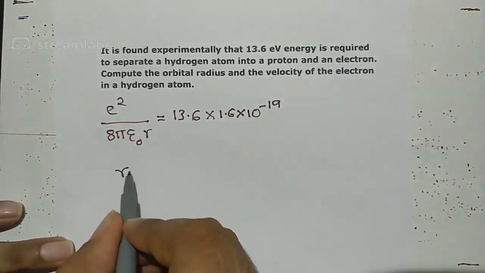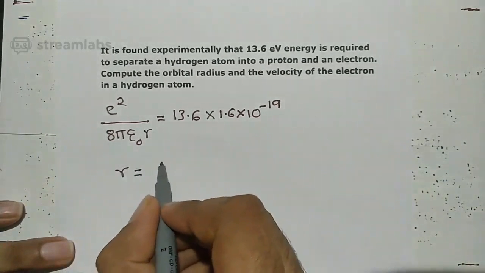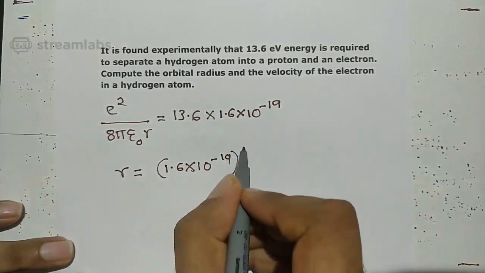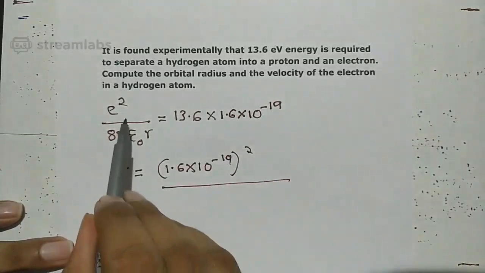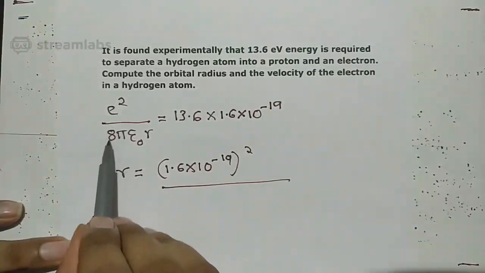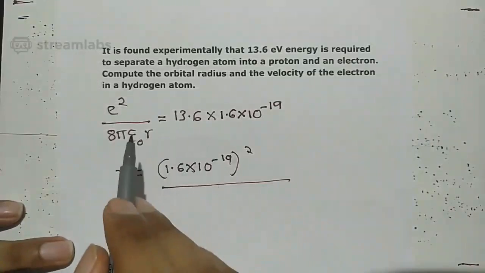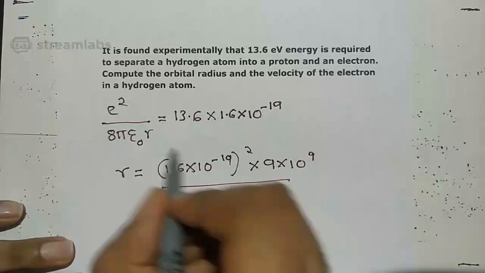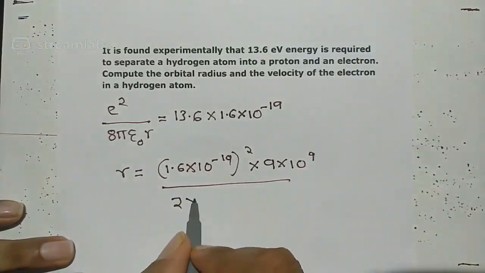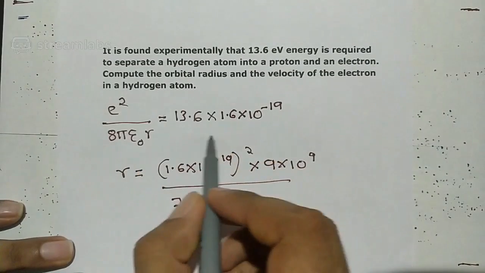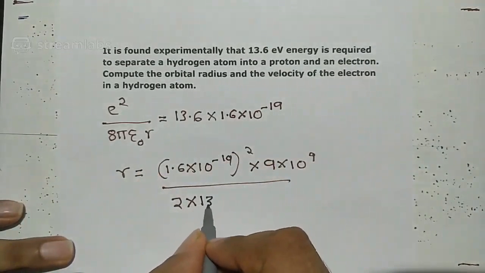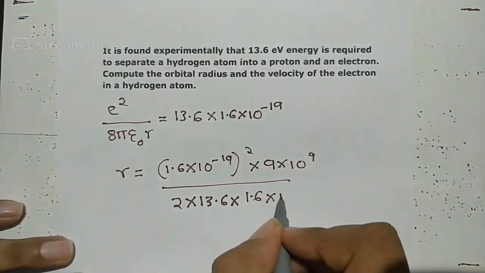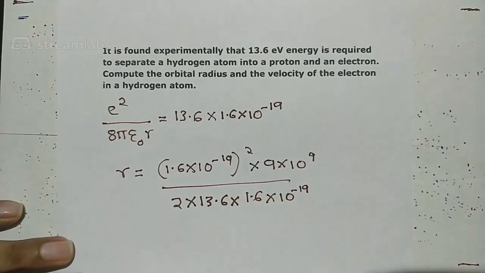Now if you want R, R is equal to E square, that is 1.6 into 10 to the power minus 19 whole square, multiplied by 1 by 4 pi epsilon naught, which is 9 into 10 power 9. Then what is remaining here is 2. The entire term comes here, divided by 2 into 13.6 into 1.6 into 10 to the power minus 19.